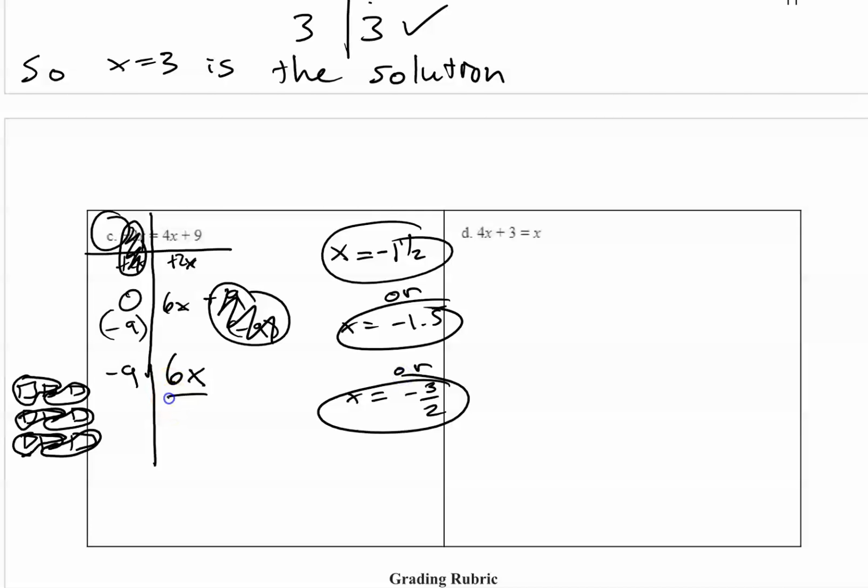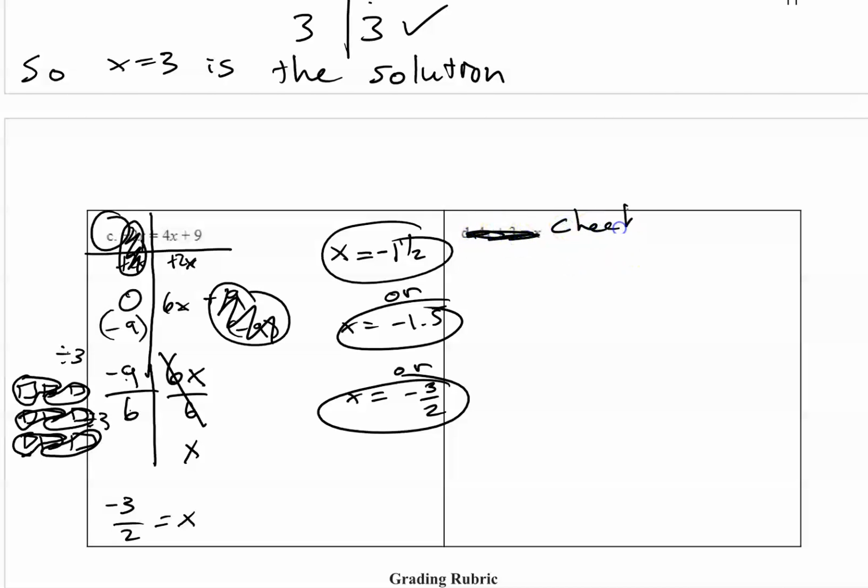Doing it the division way, dividing both sides by 6, cross off the 6's, x is over here, we have 9 over 6. Now if you divide the top and bottom by 3, 9 divided by 3 is negative 3, and 6 divided by 3 is 2. So you get the same answer the division way.